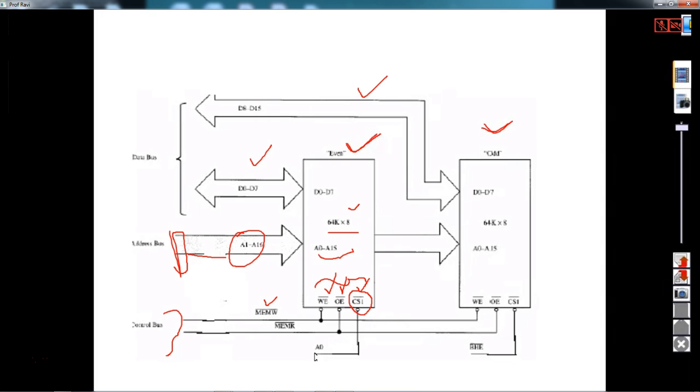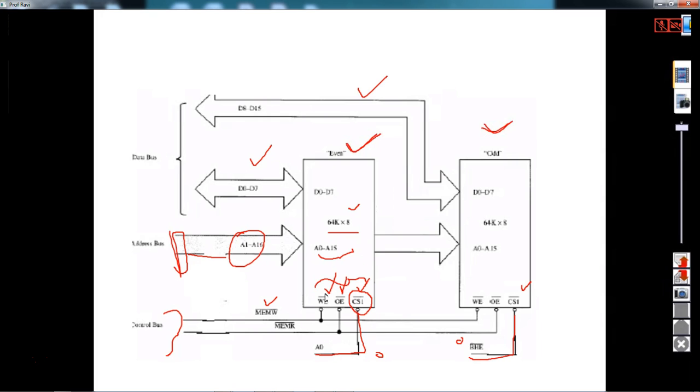Now this chip select is connected to A0 pin of even bank, and chip select of the second is connected to bus high enable, right? So if it is 0, the processor is carrying D0 to D7, or D8 to D15, a word operation or a byte operation.